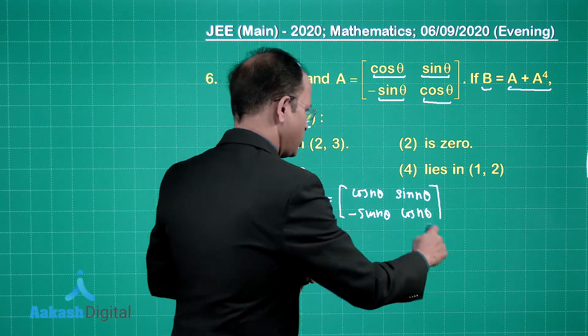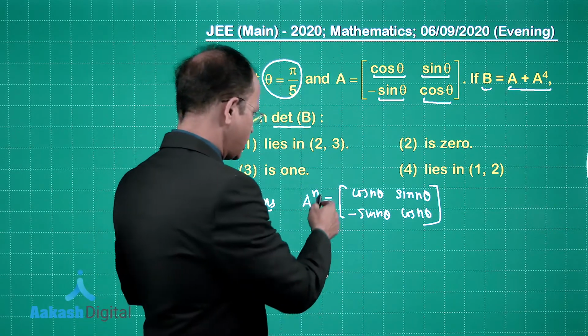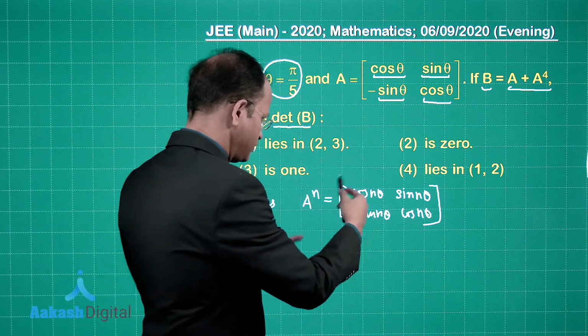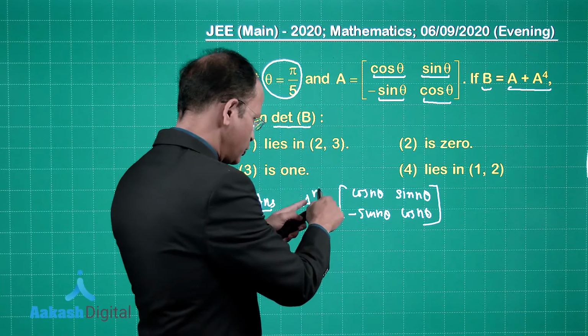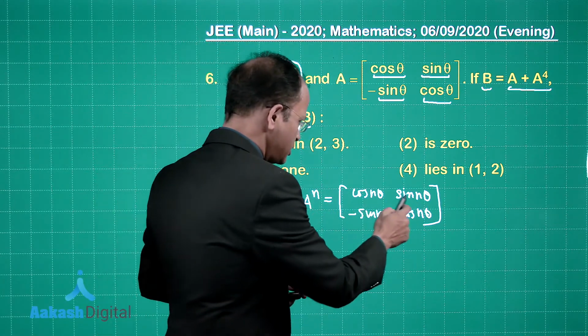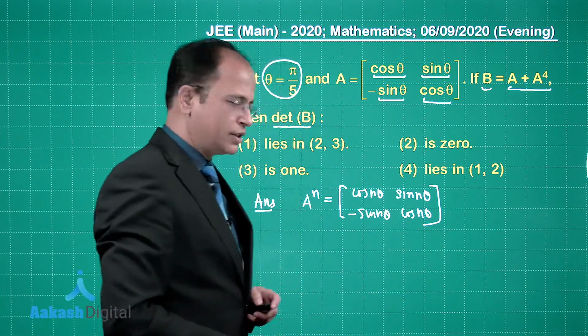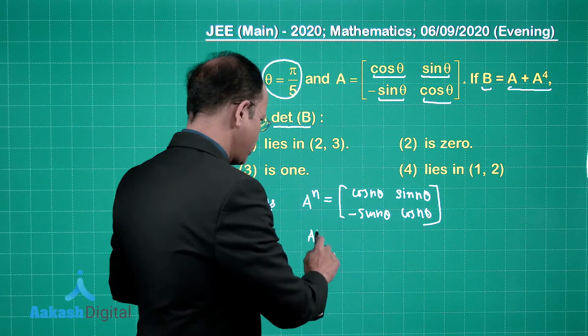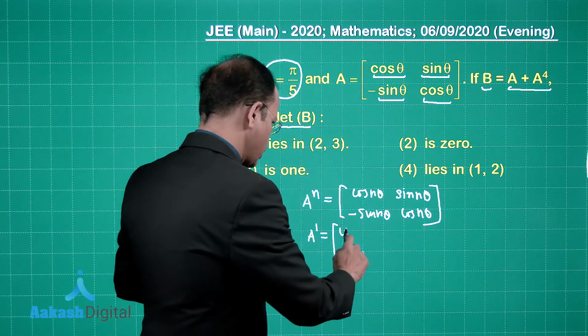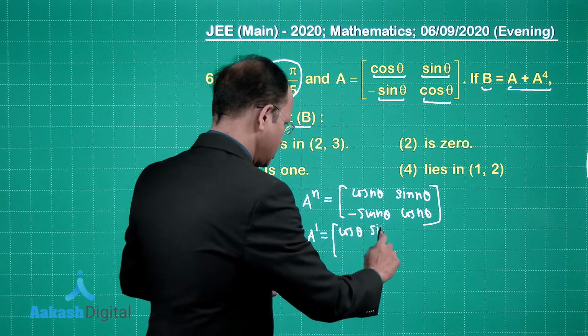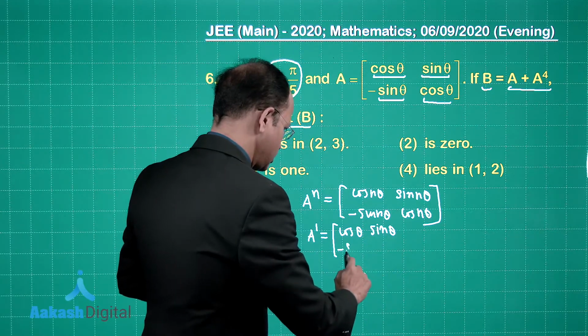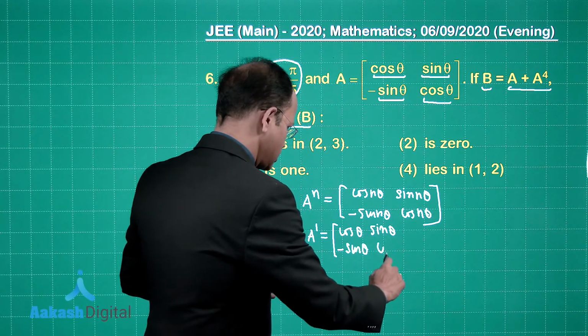So by principle of mathematical induction, whatever we substitute will get the same. I mean, if you put n is equal to 1, you take cos theta, sin theta, minus sin theta and cos theta. So if we have A raised to the power 1, this is coming out to be cos theta, sin theta, minus sin theta, and cos theta we have.